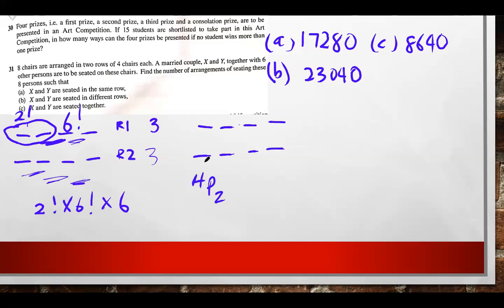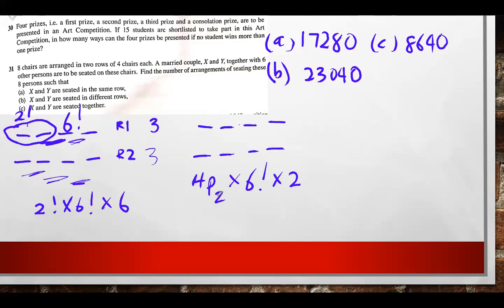This is the standard one because you want to put x and y first. And then the rest of it, I don't care how you permute it, so it's times 6 factorial. And the reason why we times 2 is because there are 2 rows that these 4p2 can happen. They can be in row 1 and they can be in row 2. That's why we times 2.